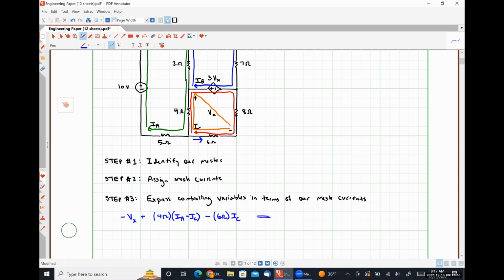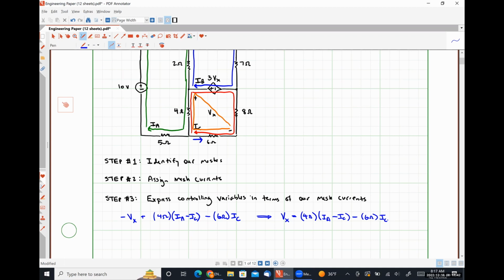And then with a trivial amount of algebra, we can see that Vx is going to be 4 ohms times IA minus IC, minus 6 ohms times IC.